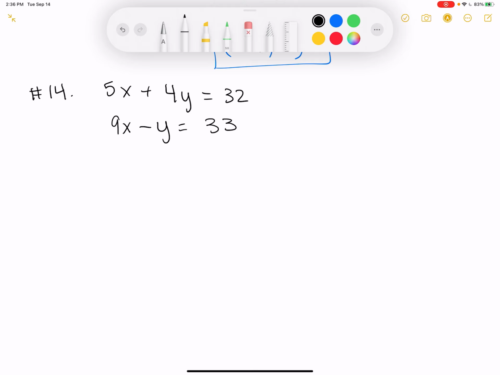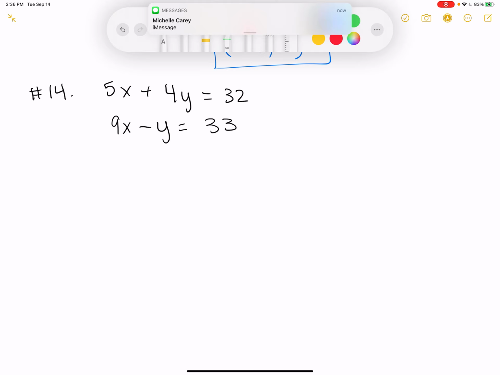Does it matter which one we go on? Does it matter which one we fix? No, but the recommendation is to use whichever one has 1 or negative 1 in front of it. So is that the second one? Should we do that one first?